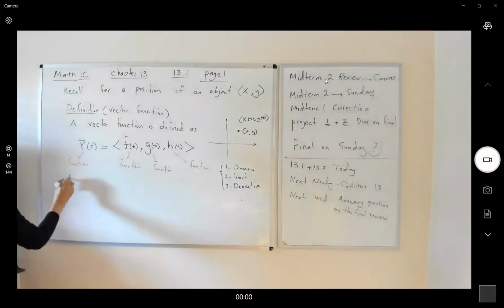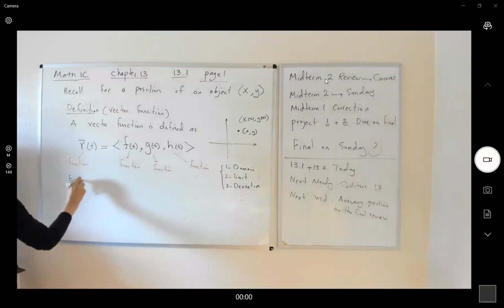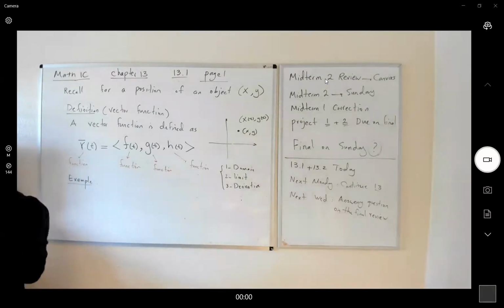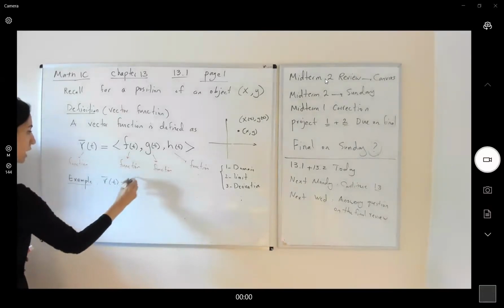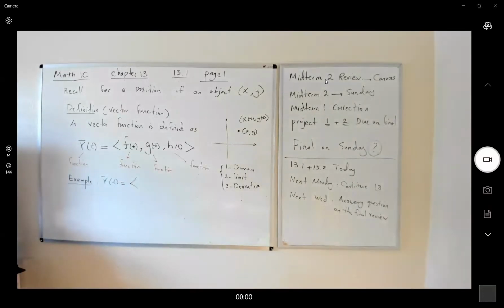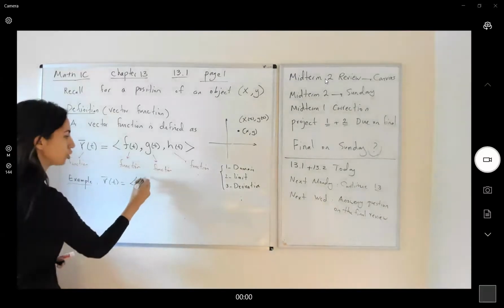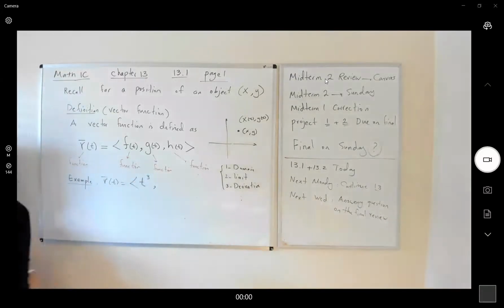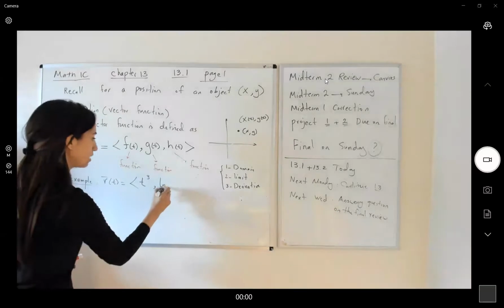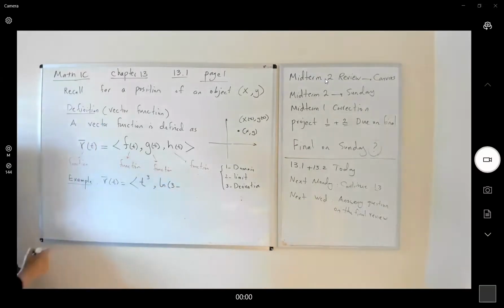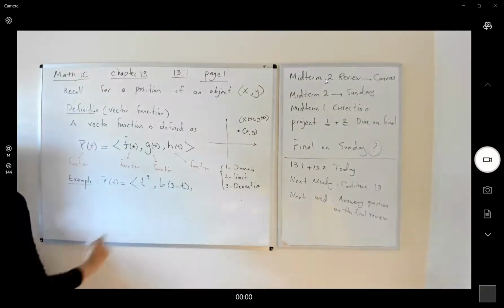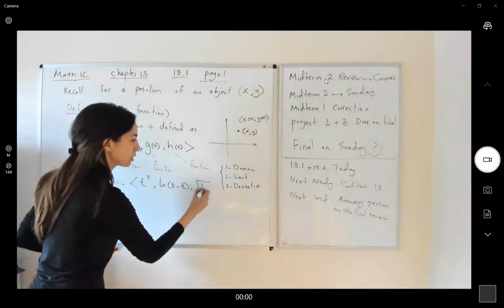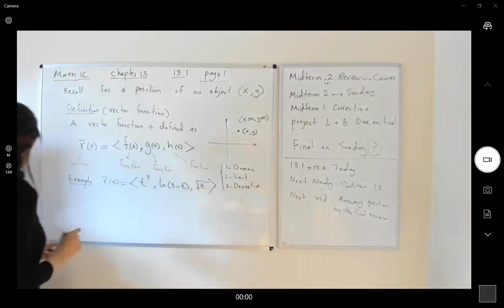So you're still on page 1. The example says we have a vector valued function, r of t, which is defined as, your first component is given as t cubed. The second component is defined as ln of (3 minus t), and the last component is the function square root of t.